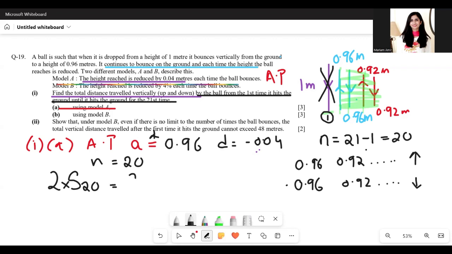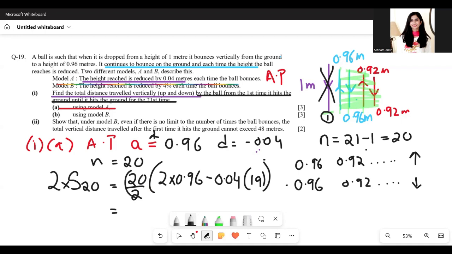That's going to be n over 2 times 2a plus (n minus 1) times d, but our d is negative, so negative 0.04 times 20 minus 1, which is 19. Enter this in the calculator, and also do not forget to double it. I did not double it.